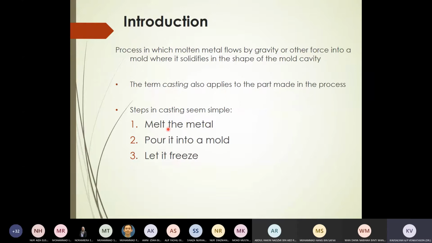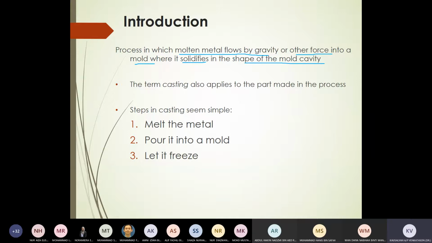All right, so introducing the casting process. So this is a process in which molten metal flows by gravity or other forces into a mold, and then it solidifies into the shape of the mold cavity.